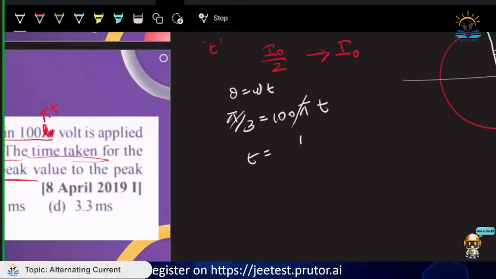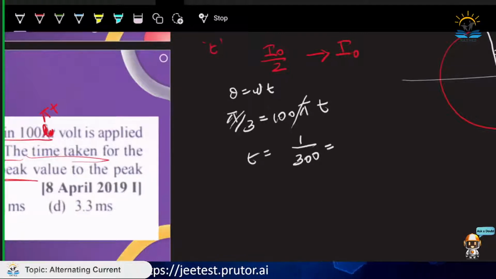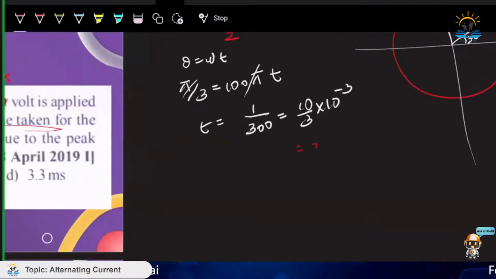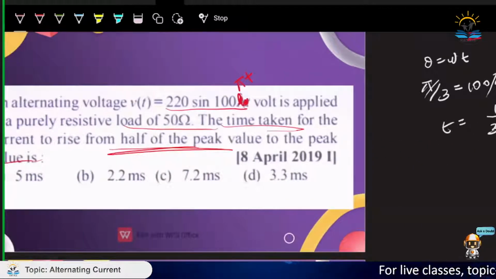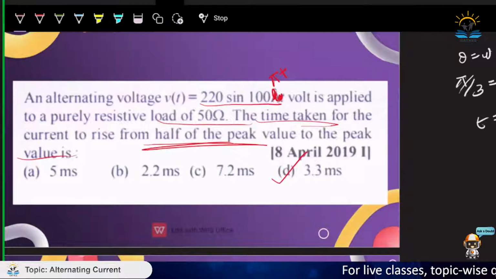Pi we can cancel. t will be 1 by 300. We can write it like 10 by 3 into 10 raised to minus 3. 10 by 3 will be 3.33 millisecond. That is our option, D will be the correct option.